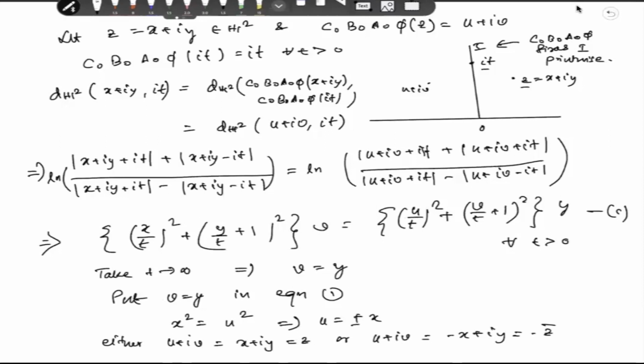So C compose B compose A compose phi of z is equal to z, or C compose B compose A compose phi of z is equal to minus z bar.